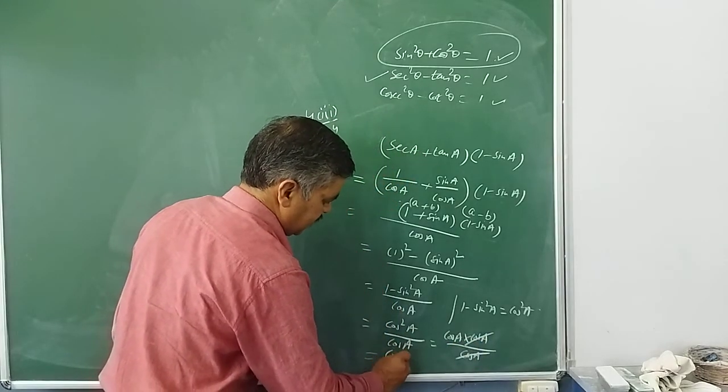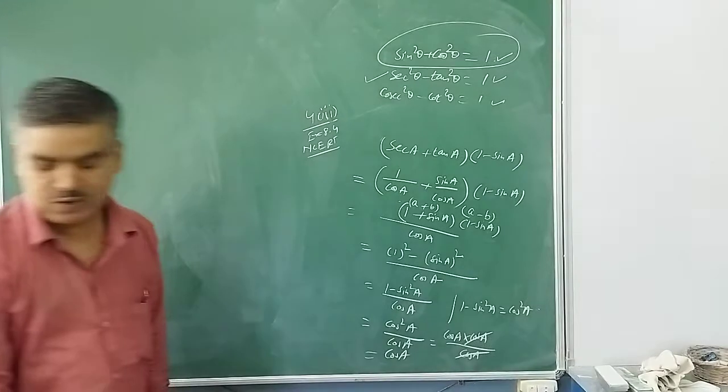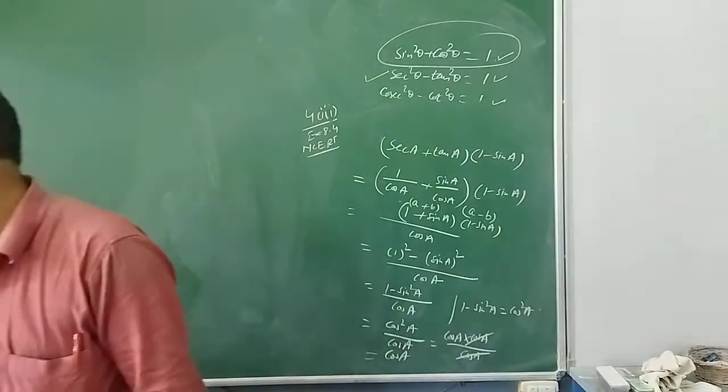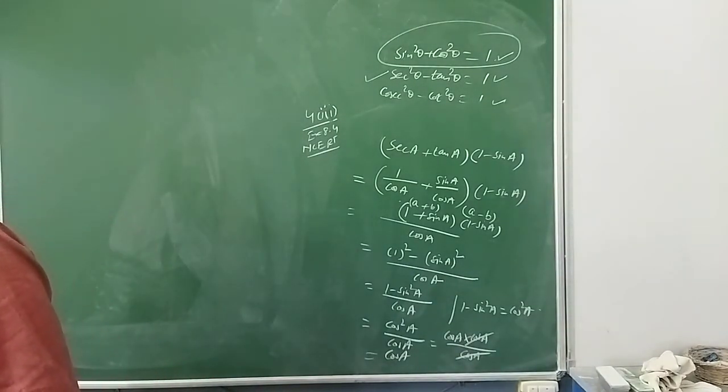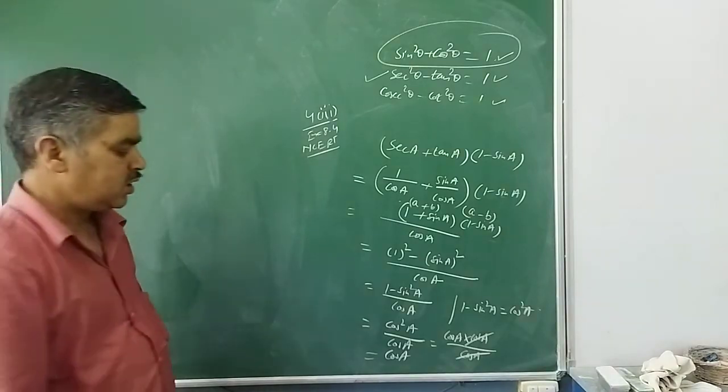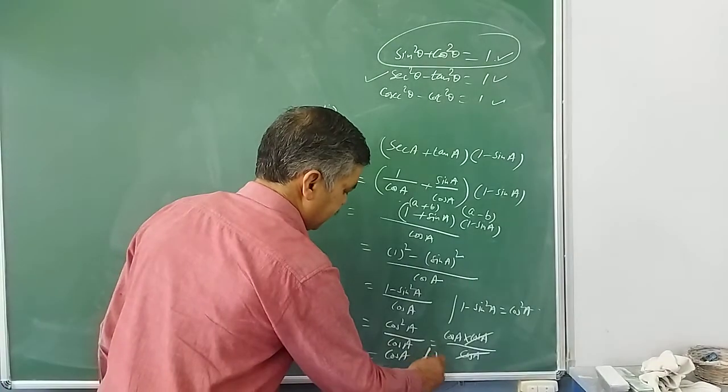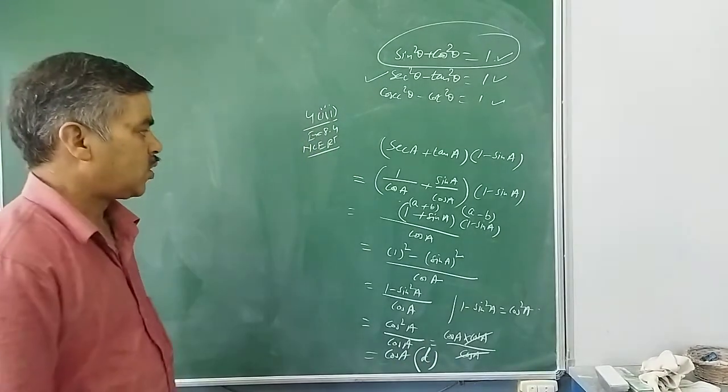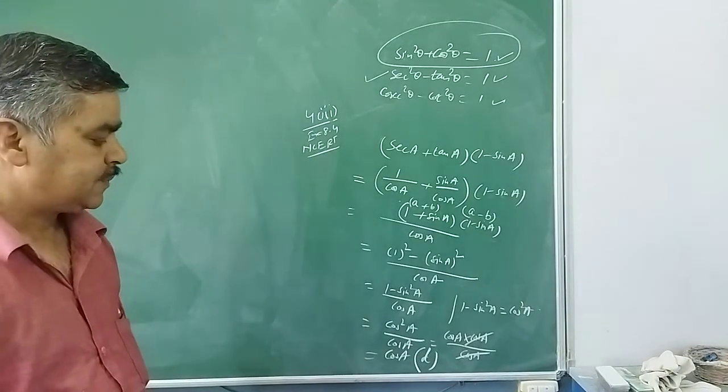I will be left with cos A, which is one of the options given in your answer, and that option is at D. So option D is the correct option for this particular part of question number 4.